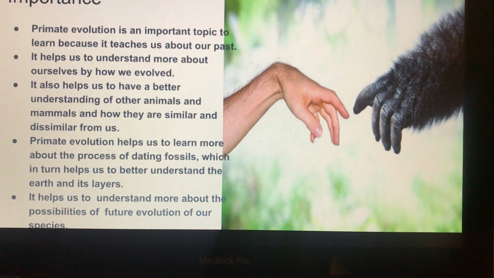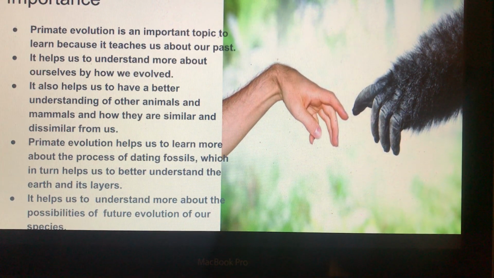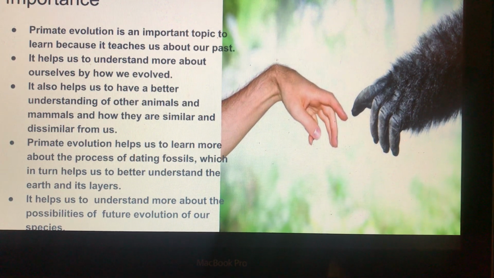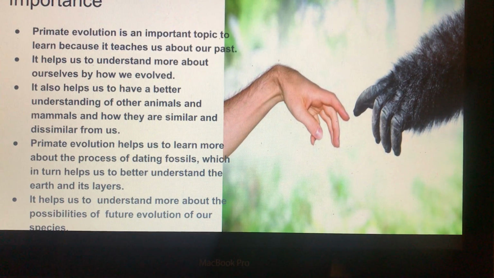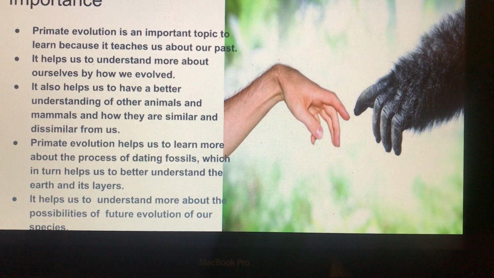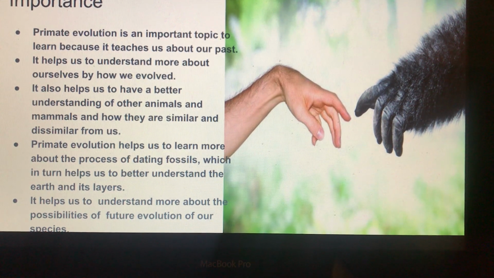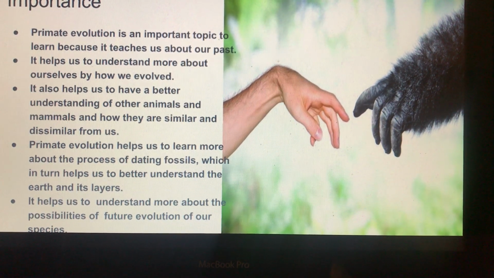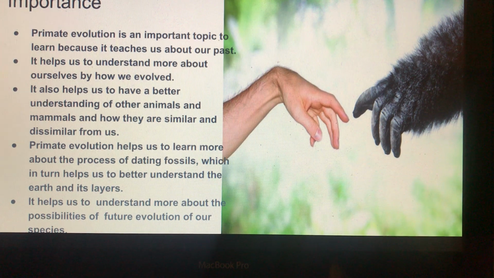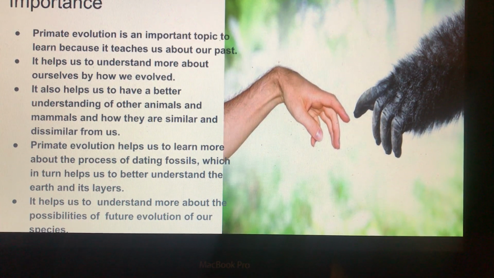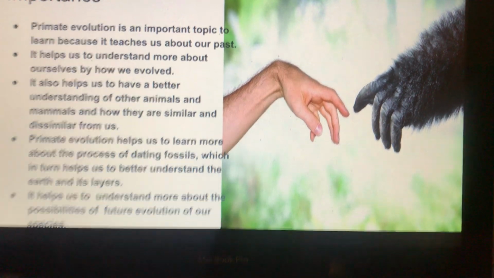Primate evolution helps us to learn more about the process of dating fossils, which in turn helps us to better understand the Earth and its layers. It helps us to understand more about the possibilities of future evolution of our species.